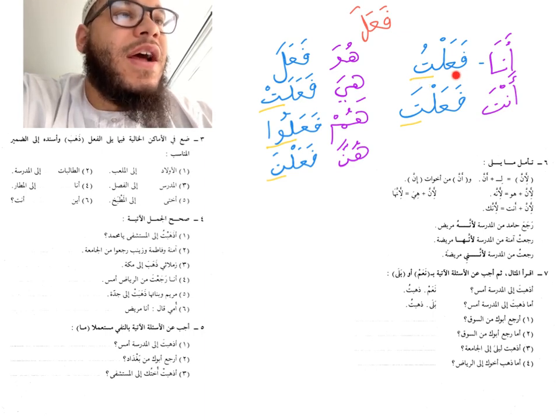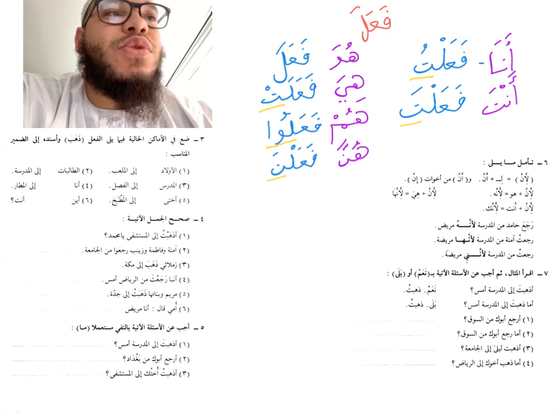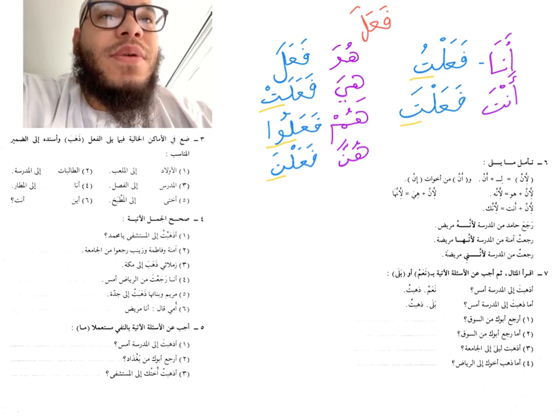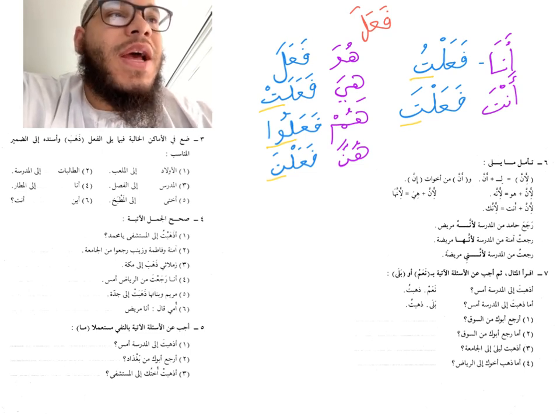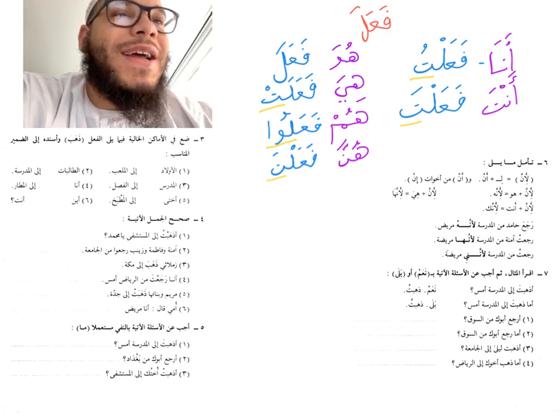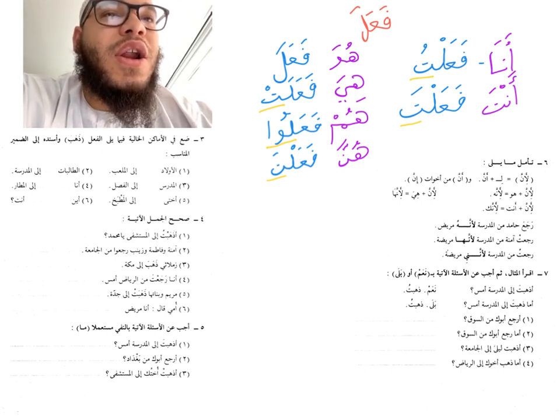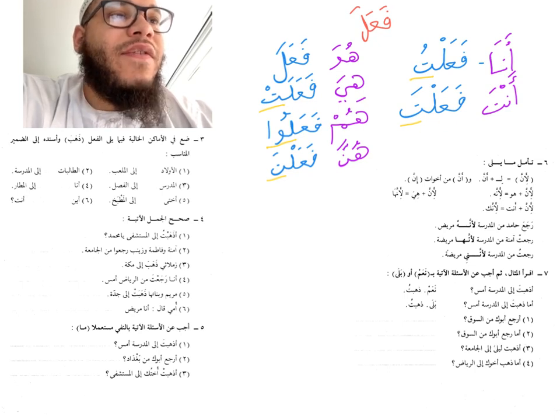So ana fa'altu. This works with every single verb. أنا ذهبت, أنا رجعت, أنا جلست, خرجت. I add this ta at the end while putting sukoon on the last letter of the verb. Okay, أنت, for you now, masculine, فعلت. I add the ta with a fatha, فأنت فعلت.